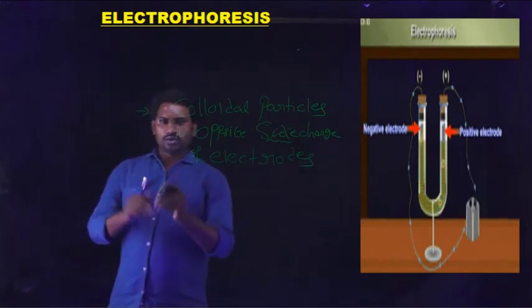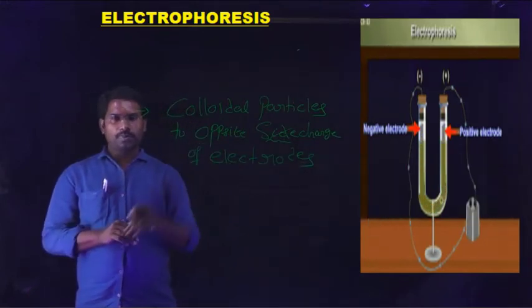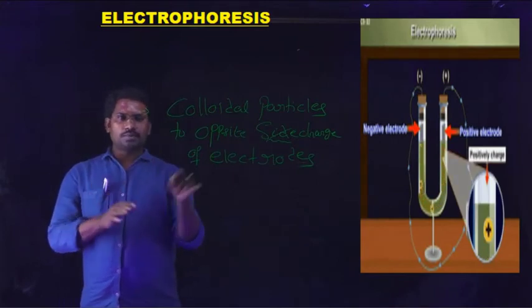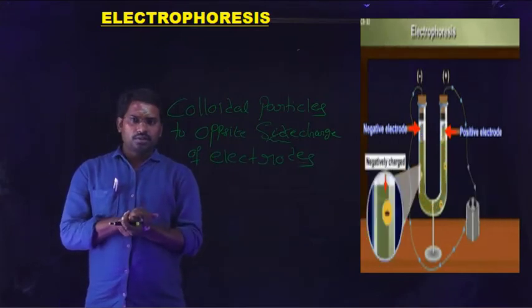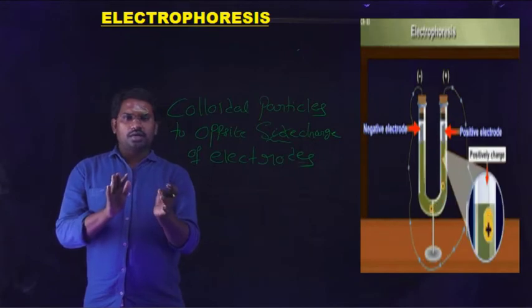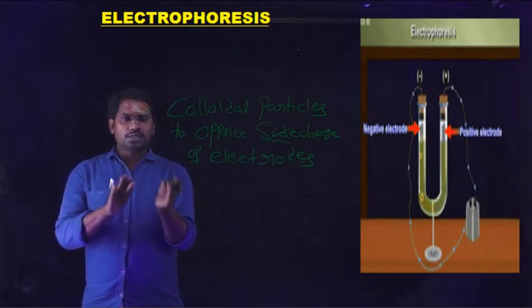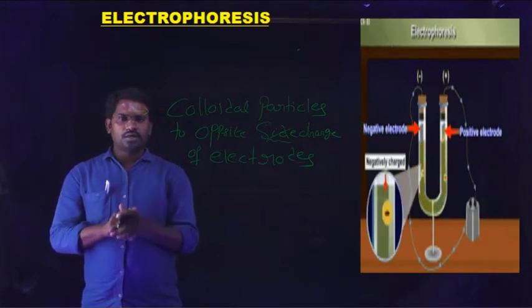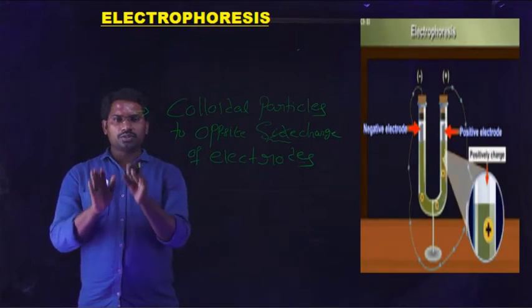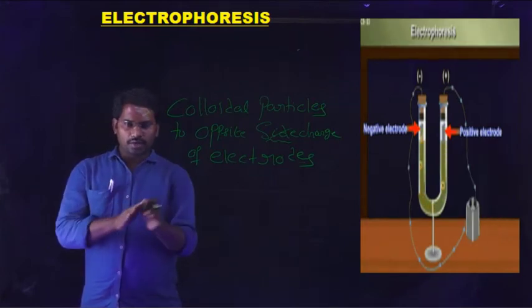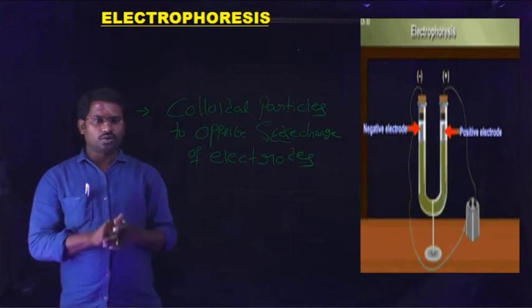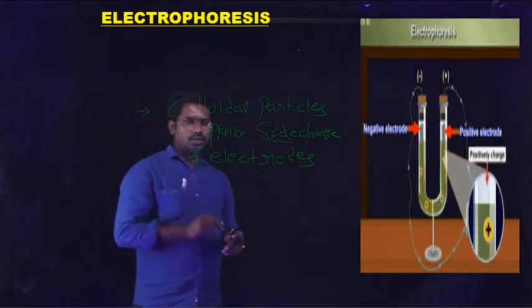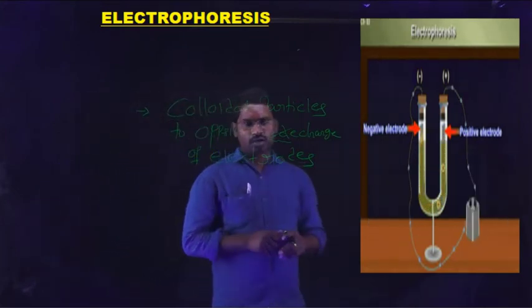When the colloidal solution is taken in a U-shaped tube and the electric field, the EMF, is applied, the charged particles move to the electrodes of opposite sign. Therefore, we conclude that electrophoresis means the movement of colloidal particles towards either electrode when EMF is applied.